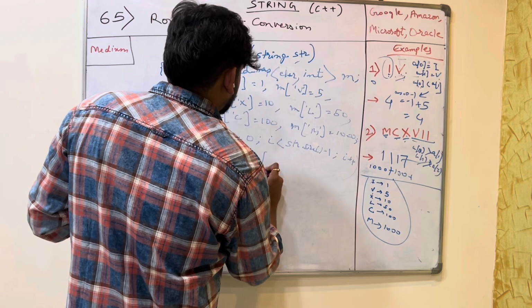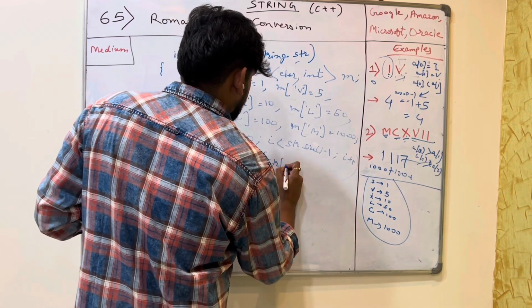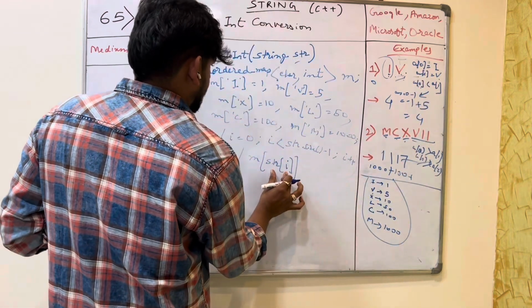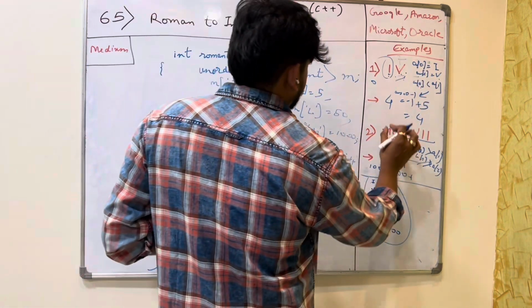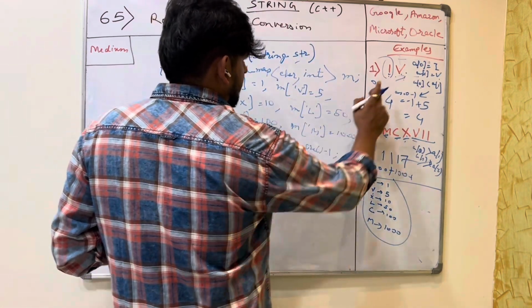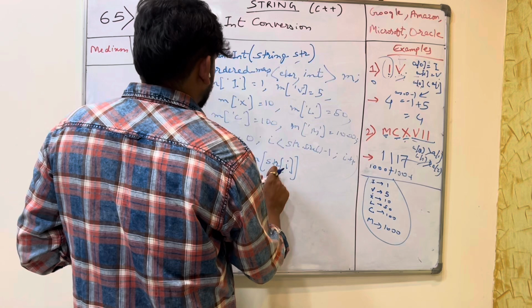Okay, so here we see if m of str[i], if we take this example, str[i] is I, so m of I is 1.